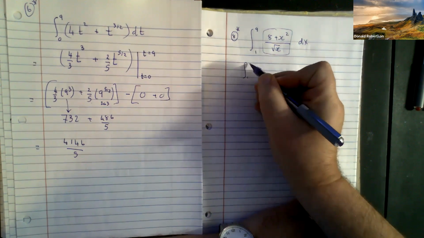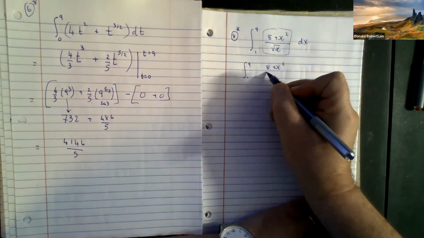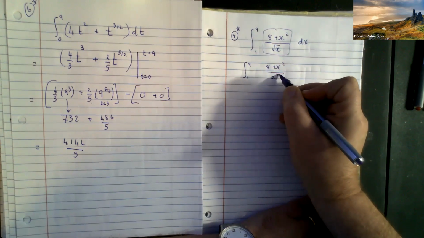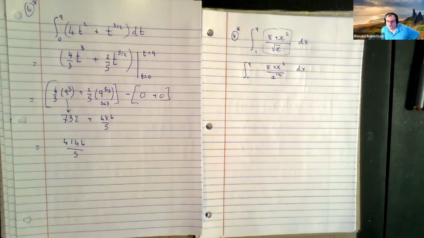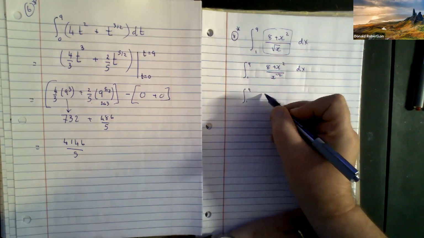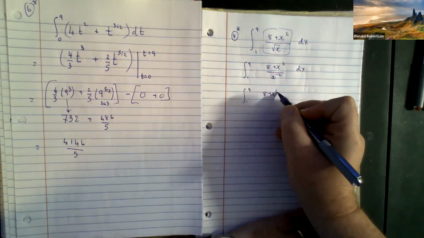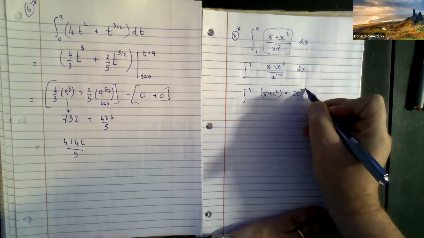So here goes. You probably don't need every single one of these lines that I'm putting in. First thing I'm going to recognize is a square root can be called x to the half. The next thing I'm going to do is that if you divide by x to the half, it's the same thing as multiplying by the negative of it.